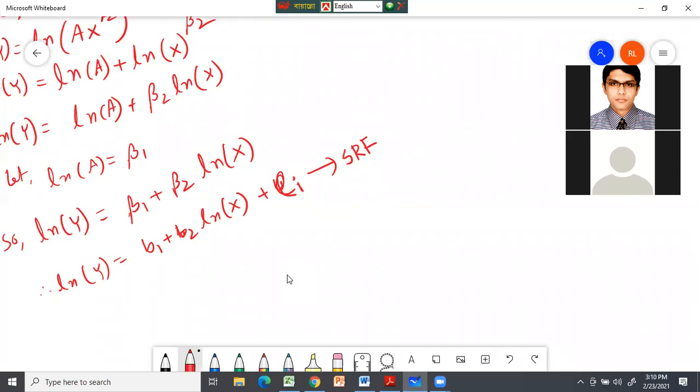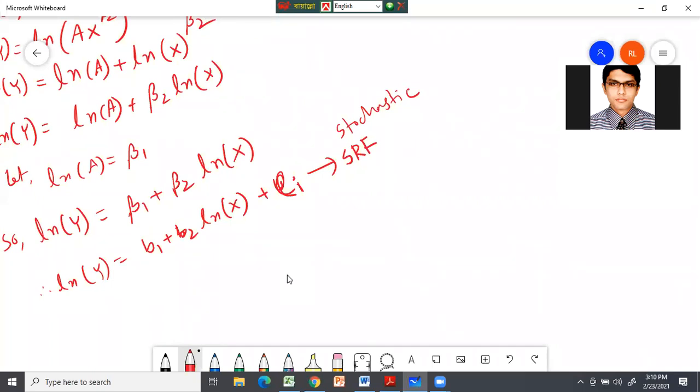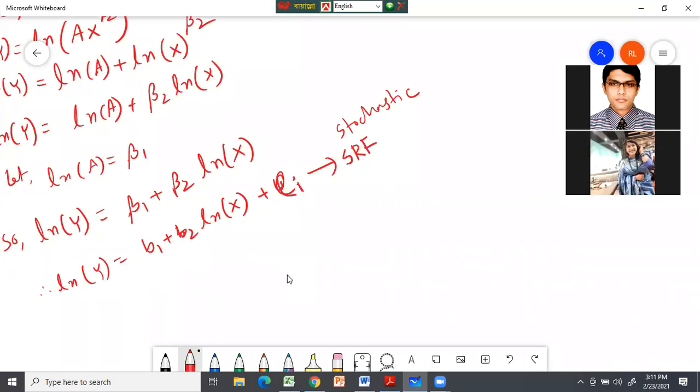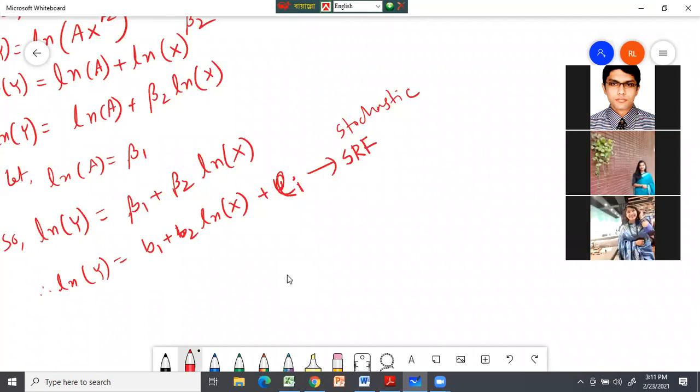So we can say it is a stochastic SRF, stochastic sample regression function. Okay. Up to this, is it clear to everyone how we can reconstruct a price elasticity model into a log linear? Yes, sir. Okay. Our objective is what? We will just estimate the value of B1 and B2 from here.